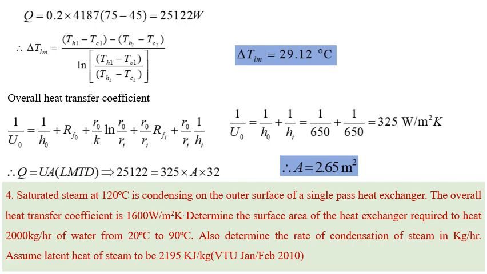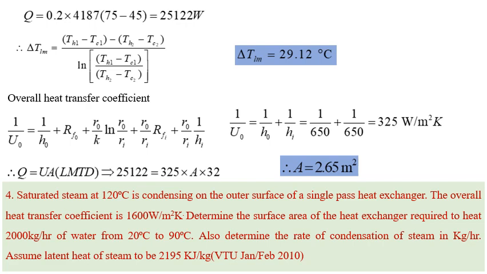Okay, so saturated steam at 120 degrees centigrade, Thi, condensing on the outer surface of a single pass heat exchanger. So it is a condenser. So for a condenser, we know that at constant inlet hot fluid temperature, from inlet to outlet, it is giving its latent heat.